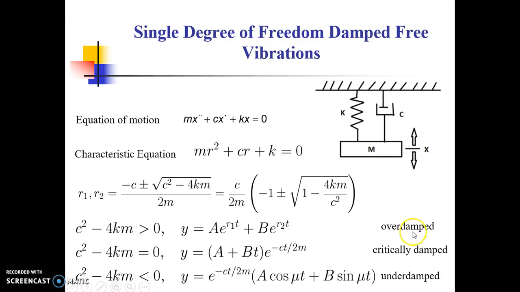However, here I want to highlight that in the case of a single degree of freedom damped free viscous damping system, after solving the equation of motion with the help of its characteristic equation, we generally get three types: over damped, critically damped and under damped.